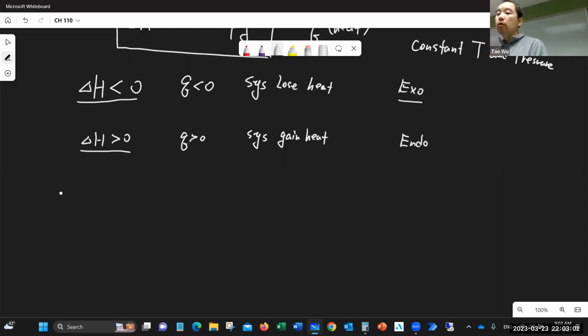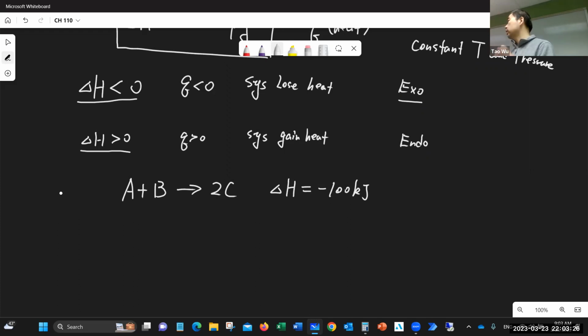For example, if we have A plus B, and then they're going to form 2C, there is going to be a delta H with this equation. If the delta H, for example, is equal to negative 100 kilojoule, what does that mean? First of all, you look at the sign. The sign is negative. So what kind of reaction is it?